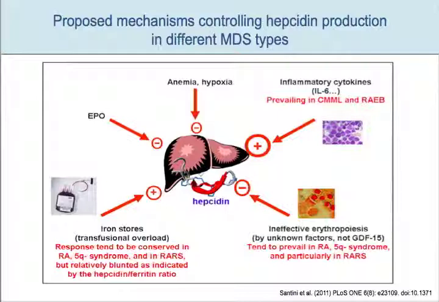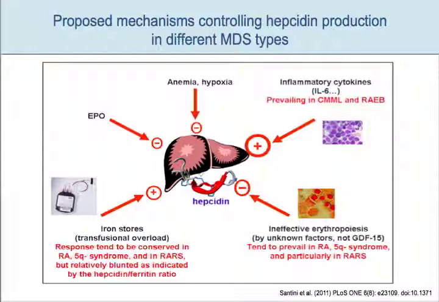Now, hepcidin is the central regulator of iron metabolism, and there is certainly dysregulation of hepcidin in MDS patients. And this dysregulation of hepcidin in MDS is a bit complicated and heterogeneous. On the one hand, there is the influence of increased iron stores, mainly from transfusional iron overload.